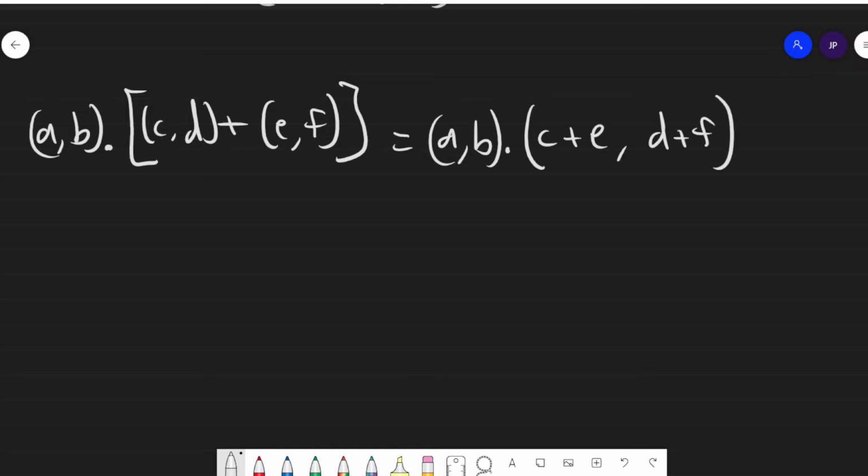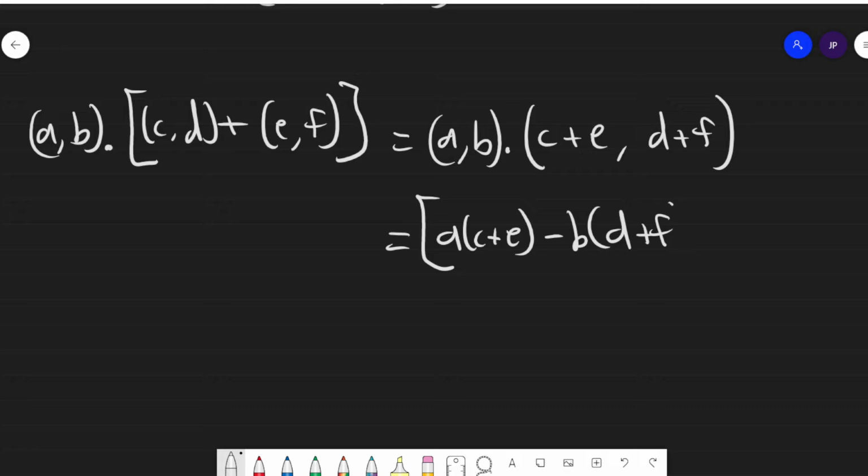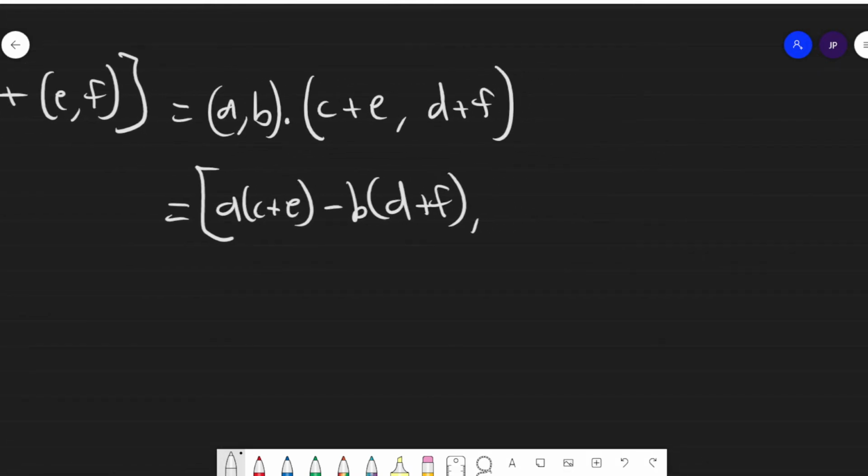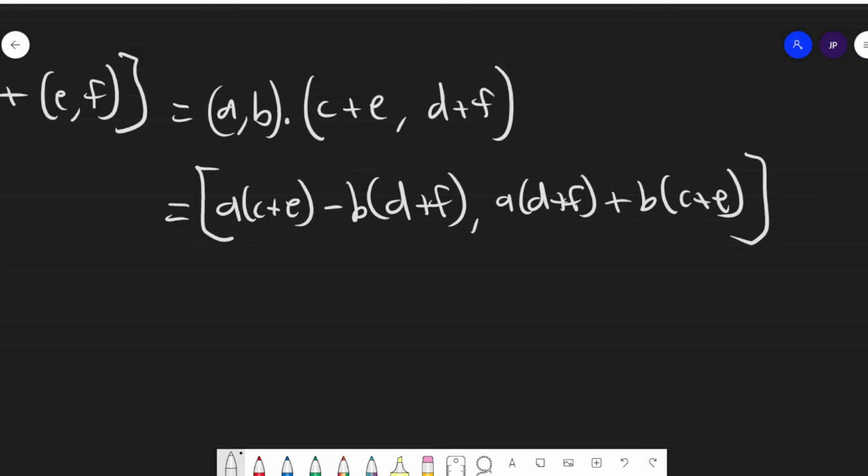Which will then give me C plus E, D plus F. So if I apply multiplication according to the rules, I'll end up with A times C plus E minus B times D plus F. And then for my second component, it's the product of the outer plus the product of the inner, which will give me A times D plus F plus B times C plus E. Right.